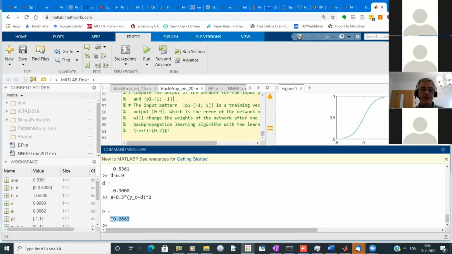Is this error small with respect to the desired output? What do you think? It doesn't seem to be that big.